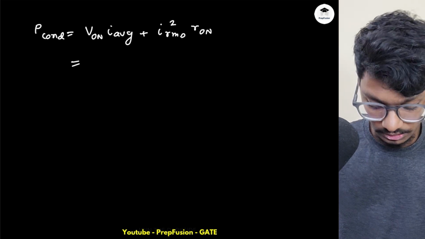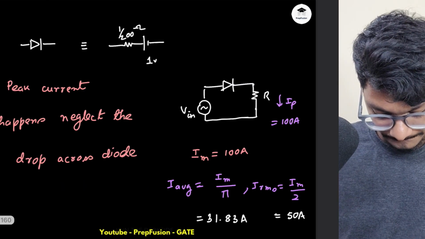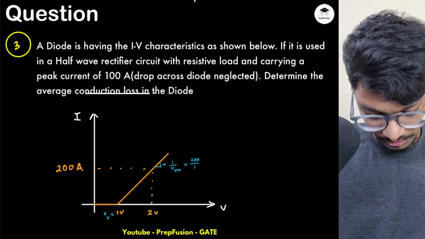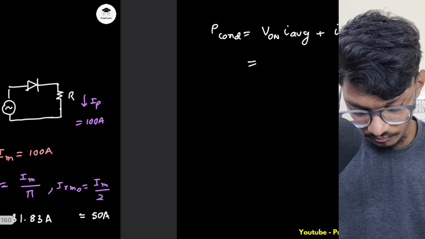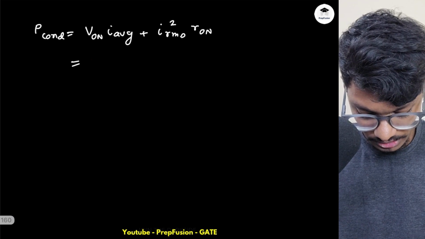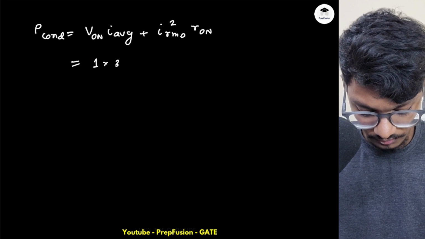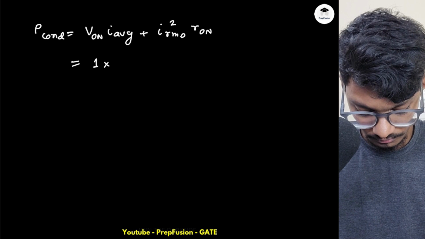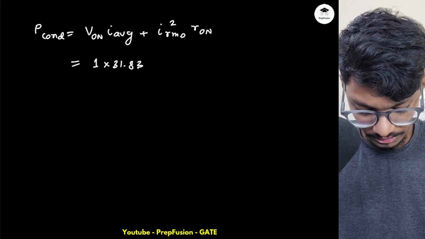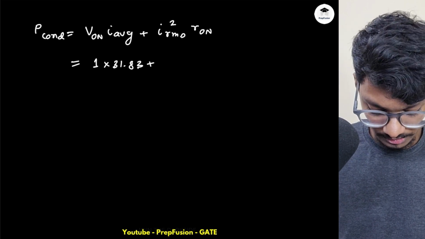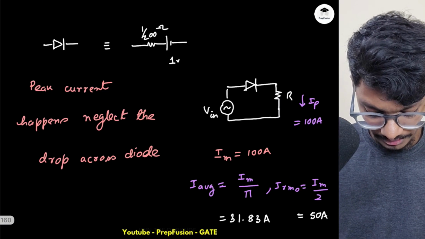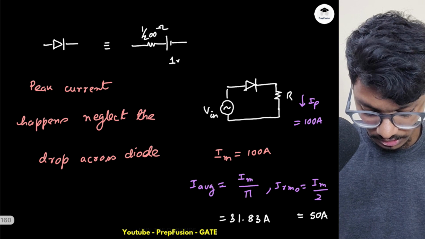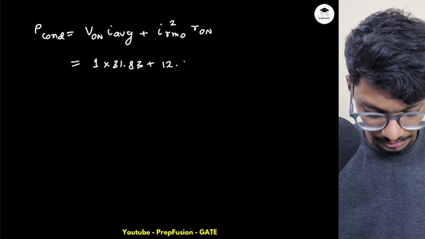V on is the forward voltage drop across the diode, which is 1 volt. So it will be 1 times I average, which is 31.83, plus I RMS whole square, RMS is 50 whole square, into R on. R on is how much? 1 by 200, right? So 2500 divided by 200, which will be 12.5.